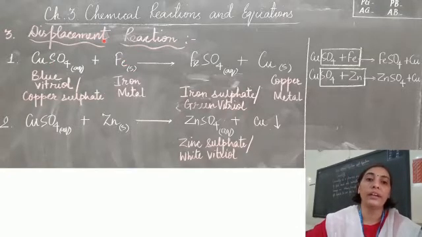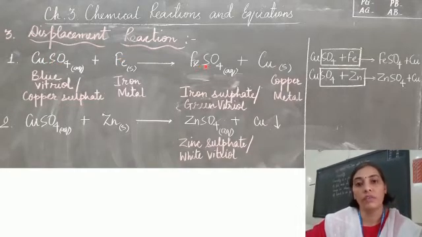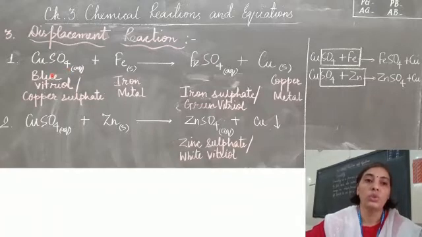So the more reactive metal displaces the lesser one by forming its ions. So iron combines with sulfate and results in the formation of ferrous sulfate or iron sulfate by displacing copper from the copper sulfate solution. So the two new products that we are getting is iron sulfate.